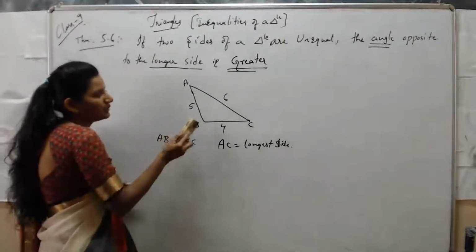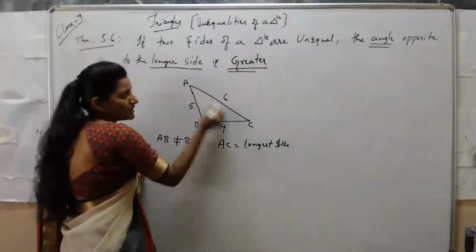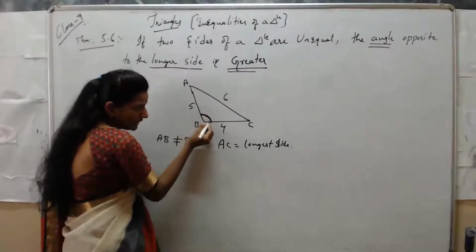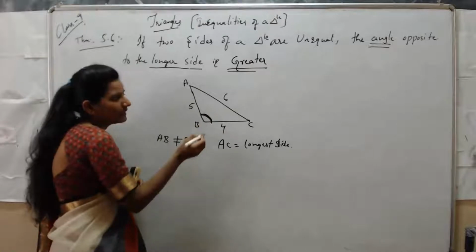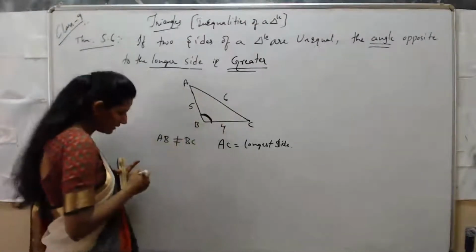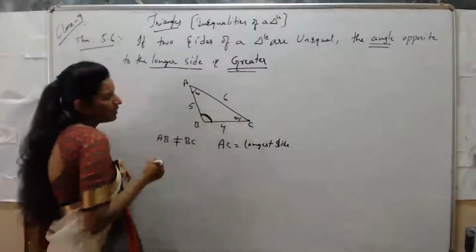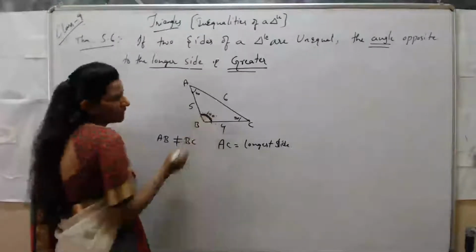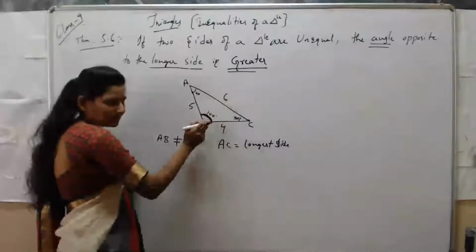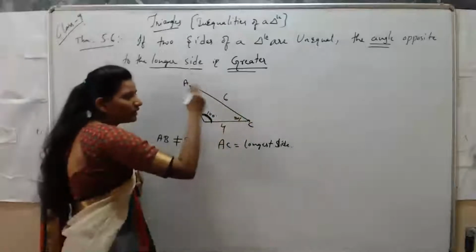If AB and BC are unequal, the angle opposite to the longer side is angle B. Angle B is greater. Which is the greater angle? B is the greater angle. Suppose this is 40, this is 50, this will be 100. The greater angle is 100, which is opposite to the longest side.